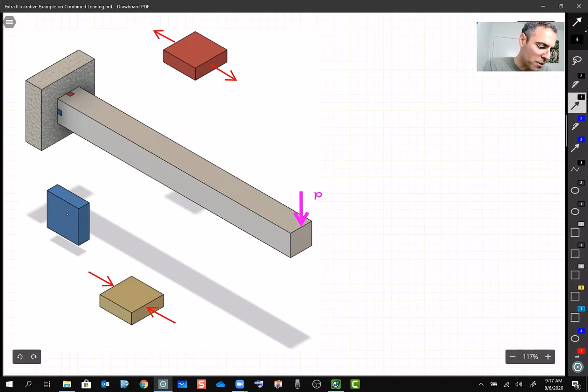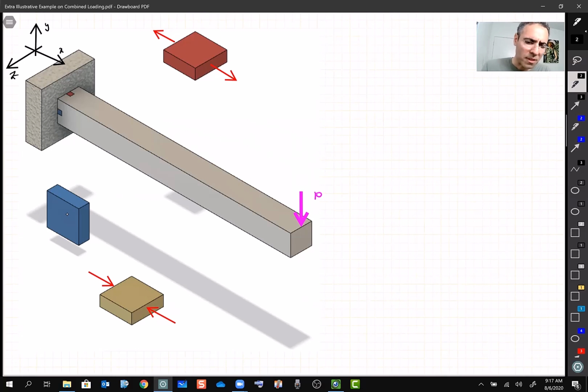So if we choose the same axes that we picked before, X, Y, and Z, so this is X, Y, and Z, right?